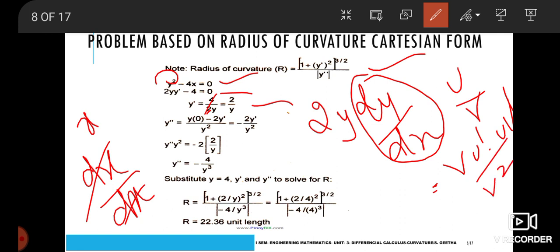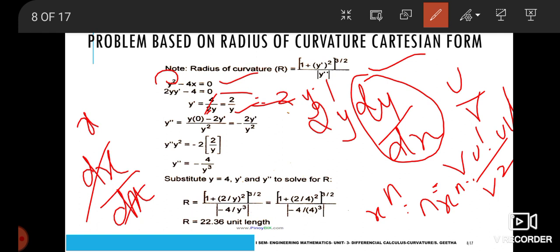But here we are having the variable in the denominator alone. So what I am going to do is change it to 2 y power minus 1. So I can do the calculation as x power n equal to n into x power n minus 1. Here n is minus 1. So what we are going to get is minus 2 y dash by y square.